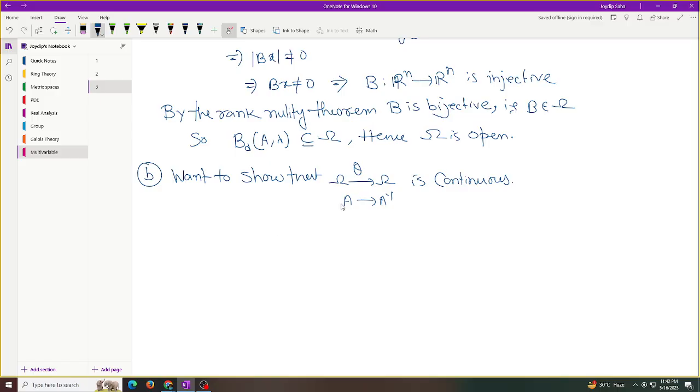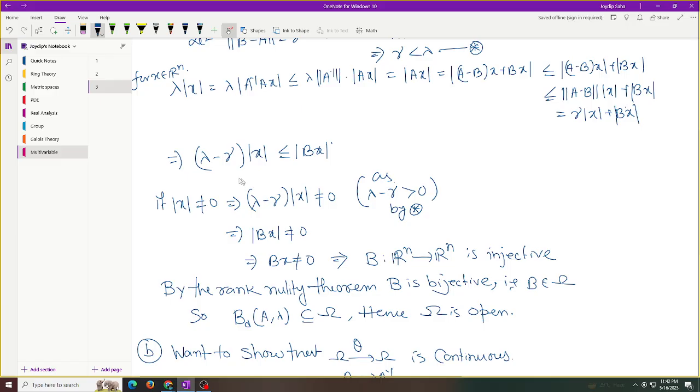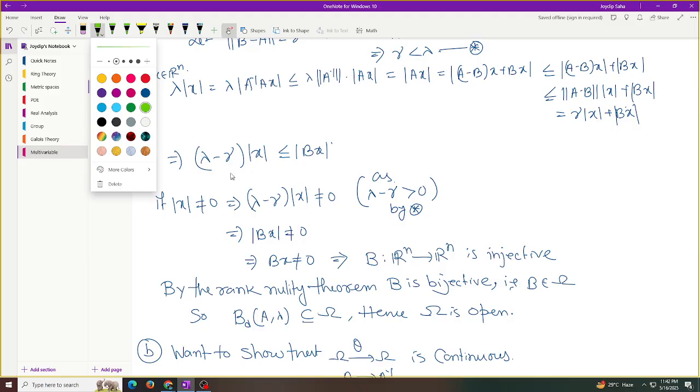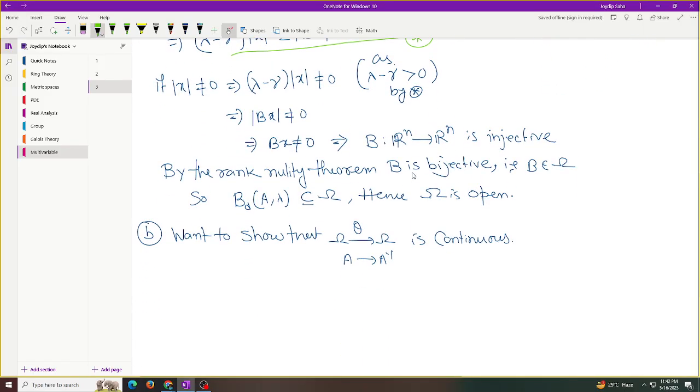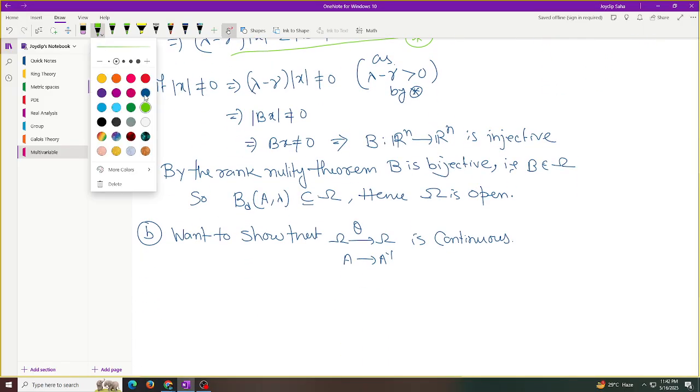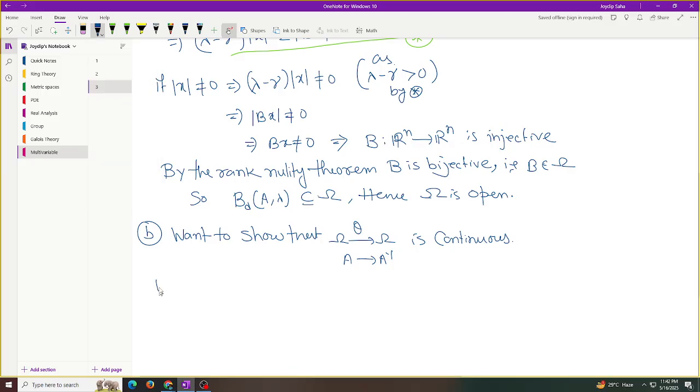Start with this. I mark it by star. We start with star.